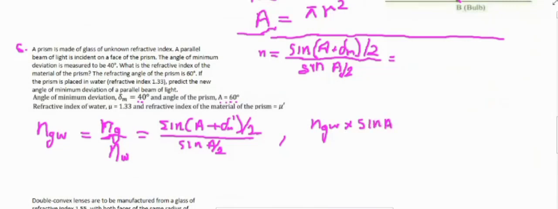A is given, so the sine A by 2 value you can calculate. Then you will get sine of A plus delta M dash by 2.